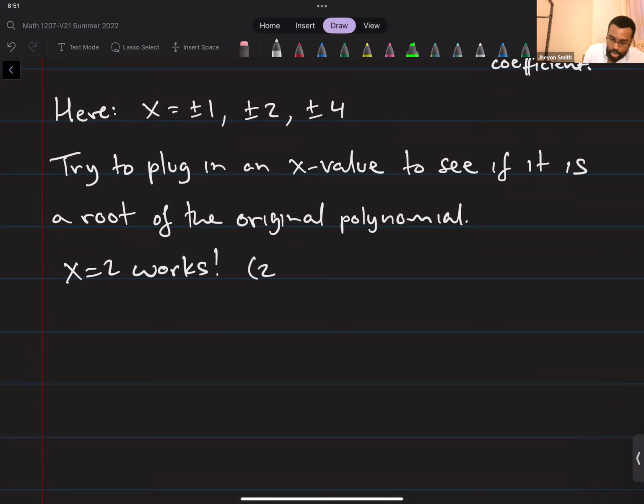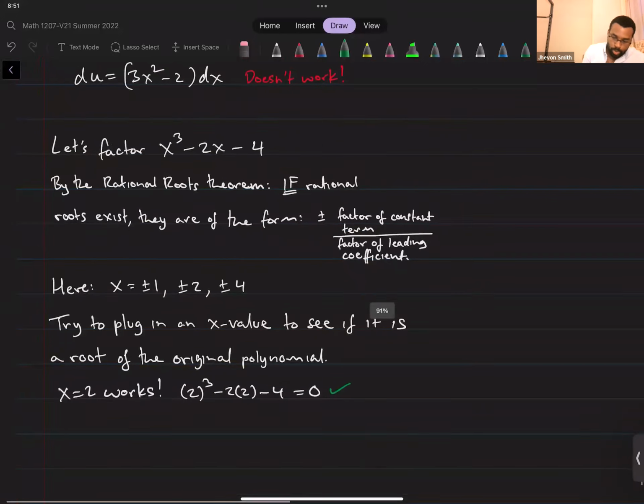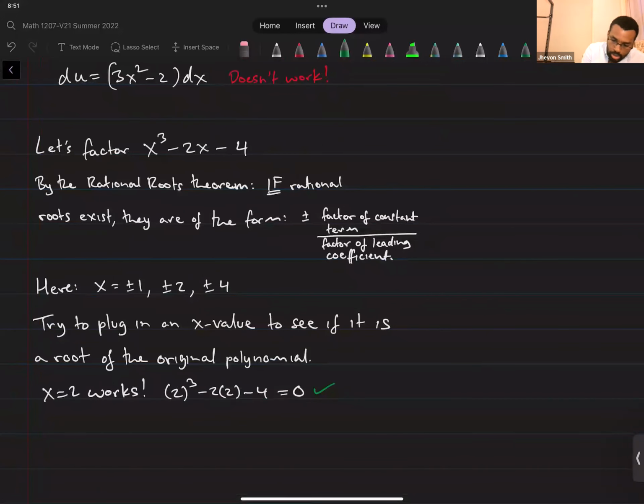Because if I take 2 cubed minus 2 times 2 minus 4, I get 0. So this is what we know from the rational roots theorem.